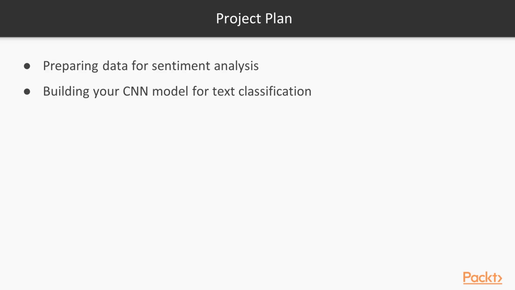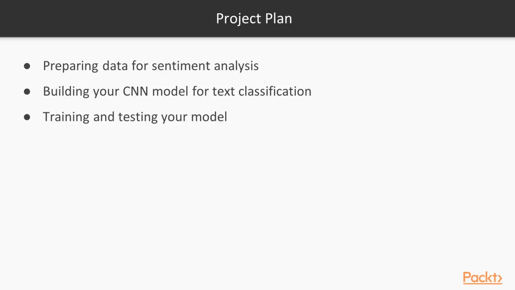Then we will learn how to build a convolutional neural network for text classification. There are a couple of things you need to be aware of there. We'll use so-called word embeddings here, a recent invention that allows us to get really nice results. Then we will train and test our model with the data that we've prepared to find the best model that we can get.